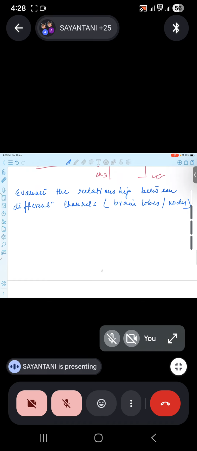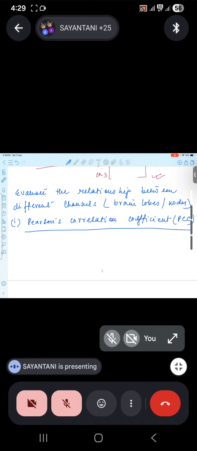The first technique you must have studied or heard in statistics or mathematics is referred to as Pearson's correlation coefficient, also abbreviated as the PCC technique.